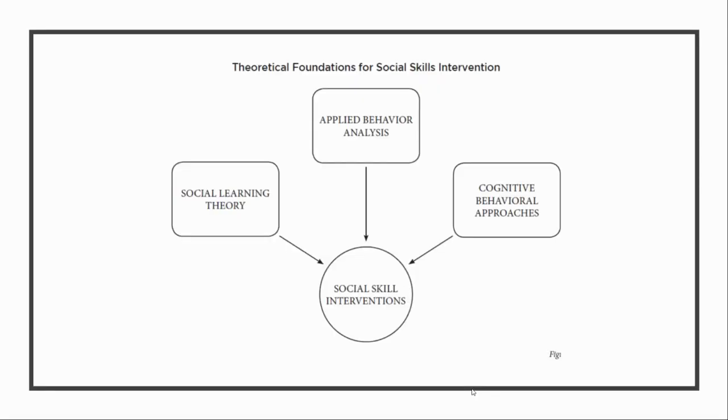So, this concept of using explicit instruction of social skills as an intervention for those students that are not responding to tier one universal supports is grounded in several research supported theories. Social skills intervention is grounded in social learning theory, applied behavior analysis, and cognitive behavioral approaches.